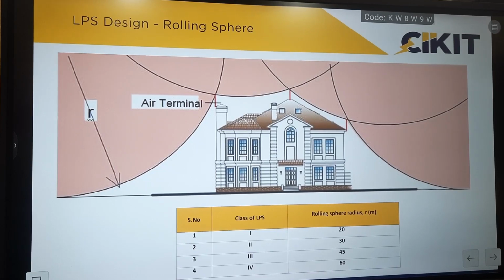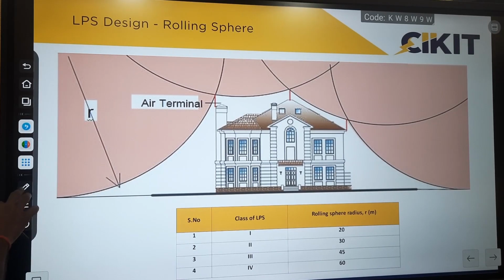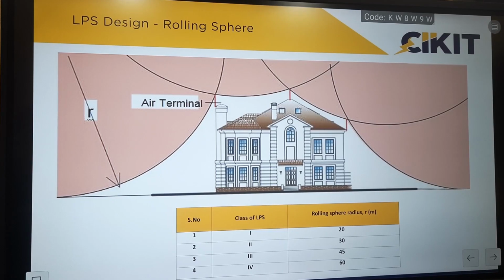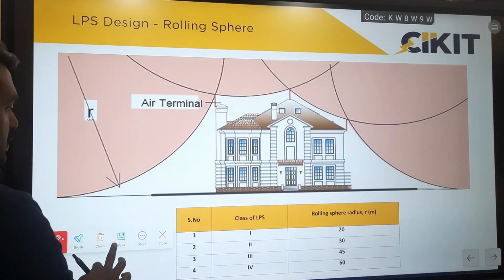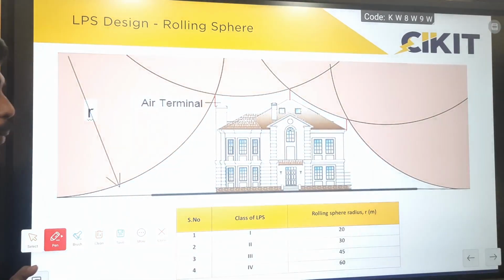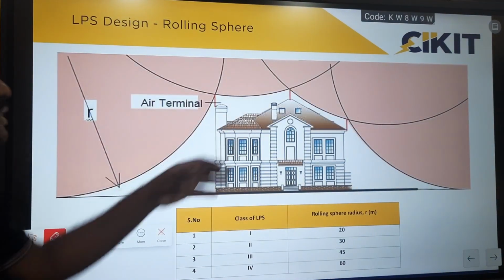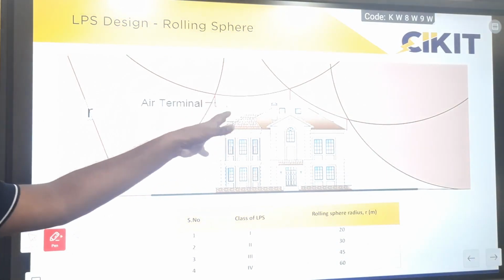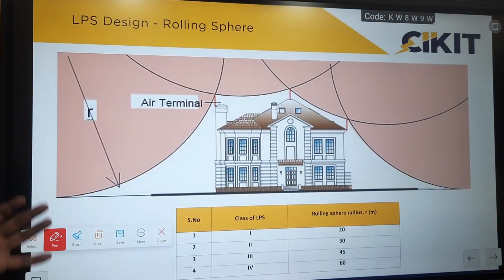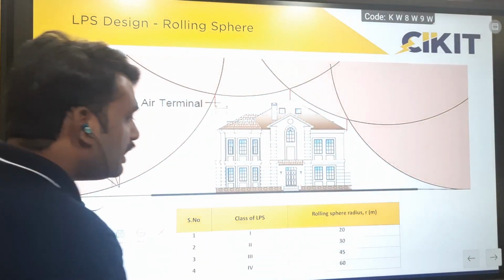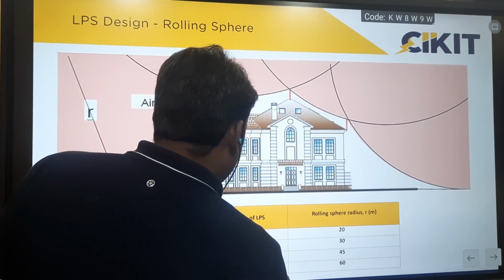So the rolling sphere method. This is the method which we commonly use for designing the lightning protection system. Here we roll an imaginary sphere over the structure to be protected. For example, in this image, we are protecting this house from lightning. We roll an imaginary sphere, and the radius of the sphere depends upon the level of protection.